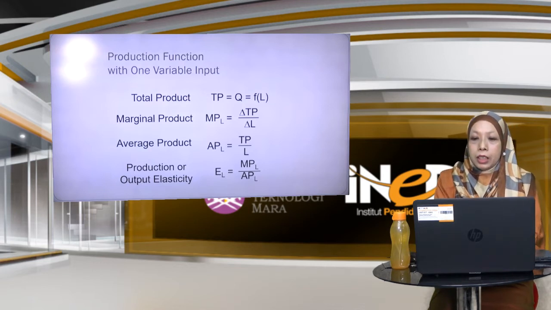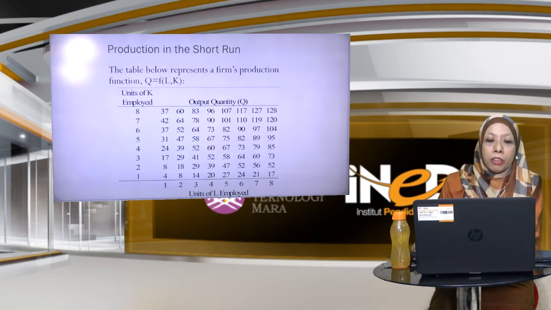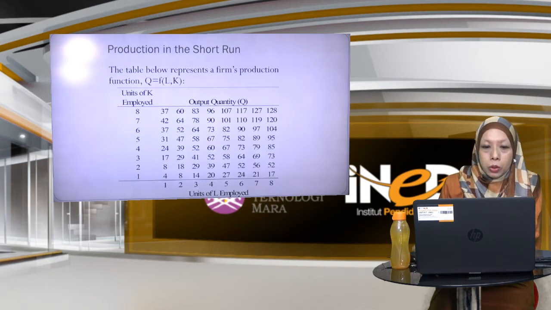Now let us look at a table, and this table simply shows the combination of labor and capital that can produce different levels of output. From this production table, you can get to know the different combinations of inputs to produce a certain level of output.